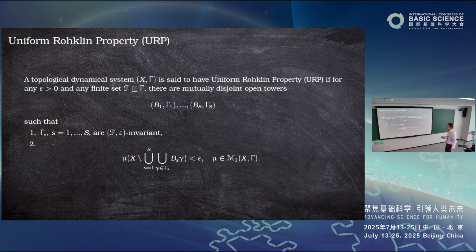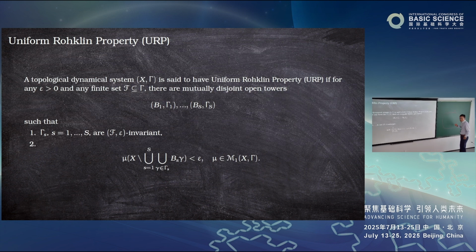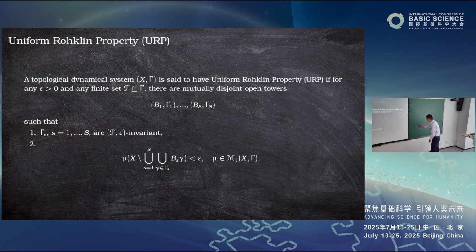So what is the uniform Rokhlin property? It talks about this space X. Then you are always able to find towers, the Rokhlin towers, such that the leftover is very small, and uniformly small on all traces.